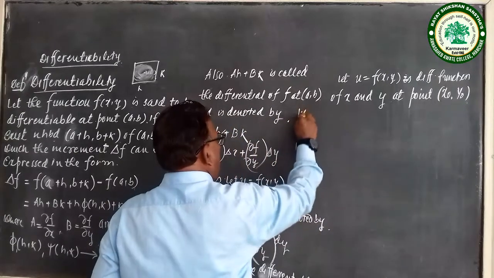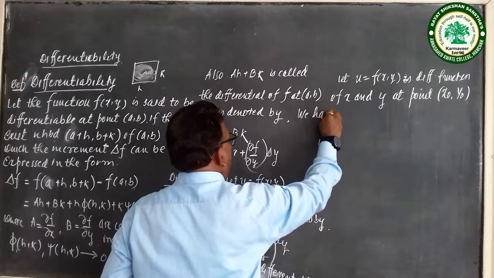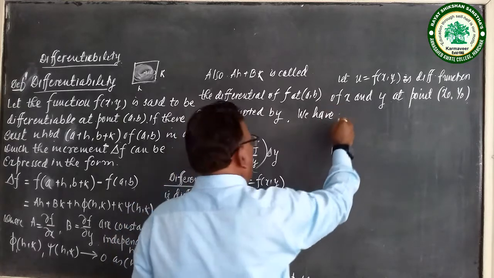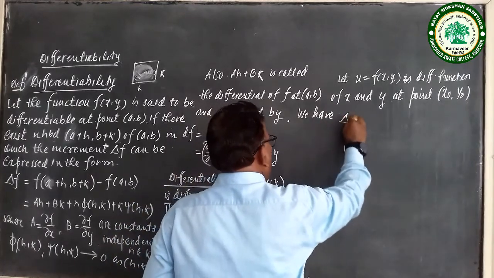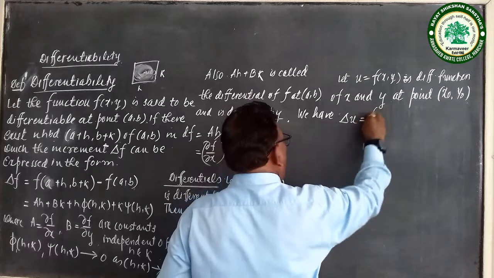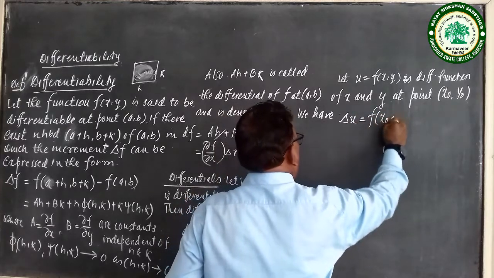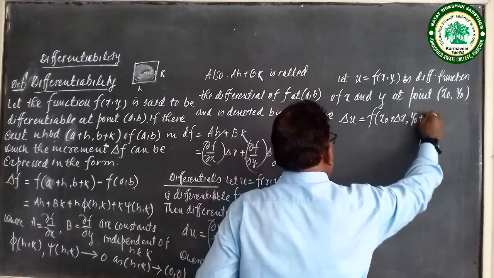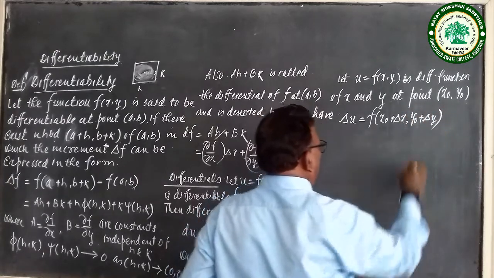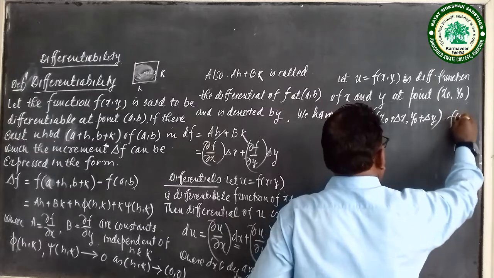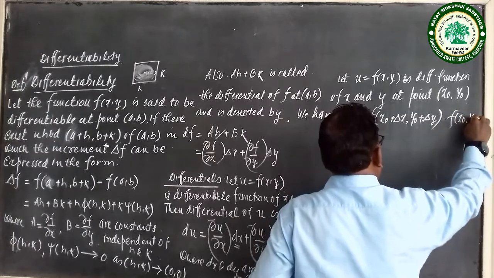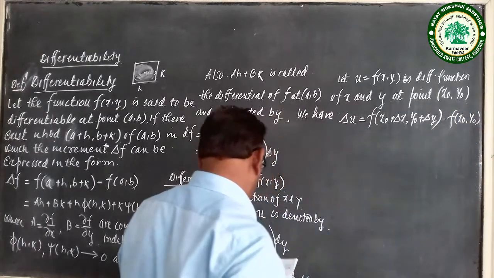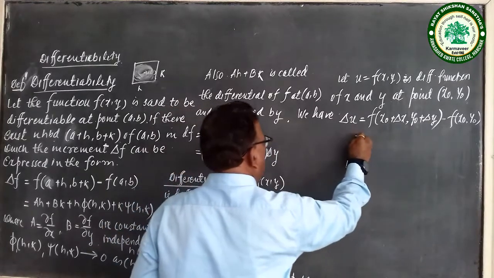Therefore, we have delta u is equal to f(x naught plus delta x, y naught plus delta y) minus f(x naught, y naught), that is the value of the function at that point.